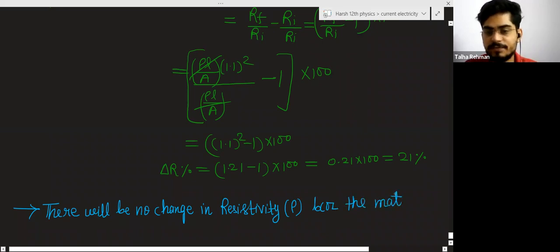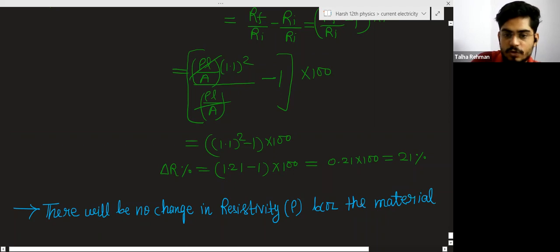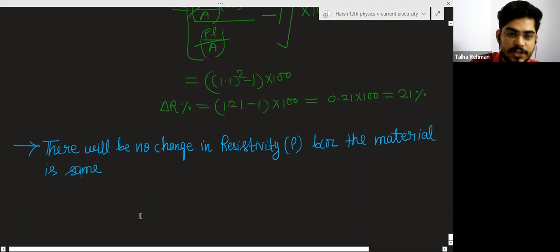We have the same wire before and earlier. We are not changing the material because the material is same. So the percentage change in resistivity is equal to 0%.